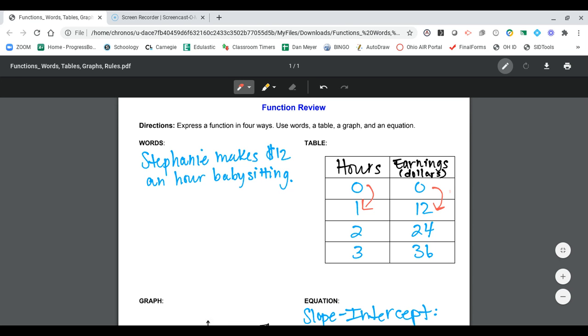My change in y was plus 12 each time, and my change in x was plus 1 each time. So that's how I could figure out the slope based off of the table. My slope would be 12. And anytime you're trying to find your y-intercept, you're always looking for when x is 0. So this would be my y-intercept. When x is 0, whatever the y value is would be your y-intercept.